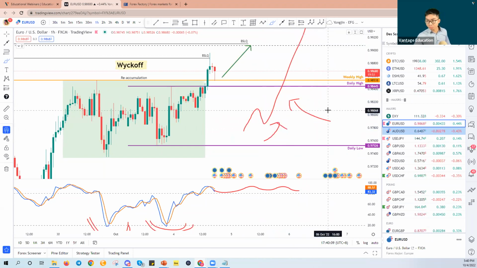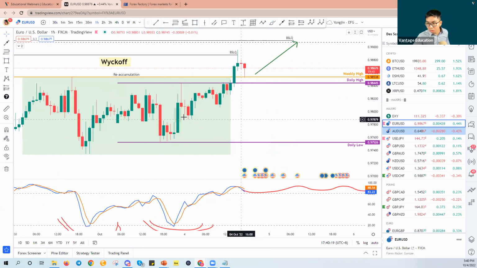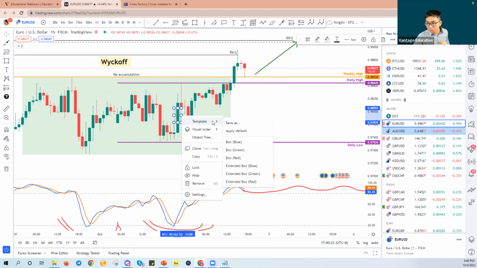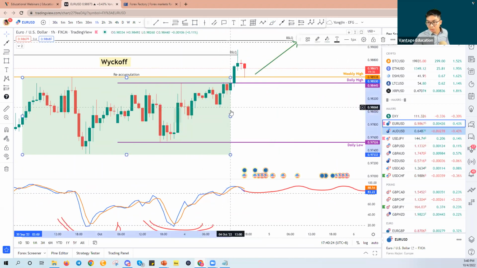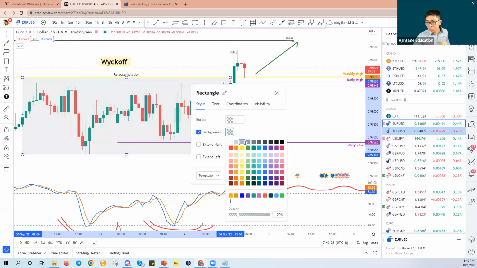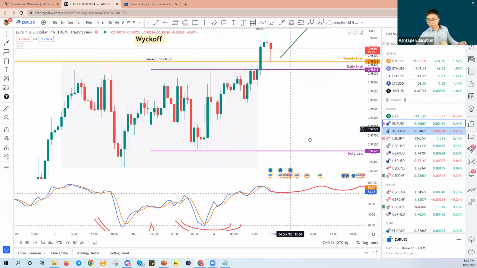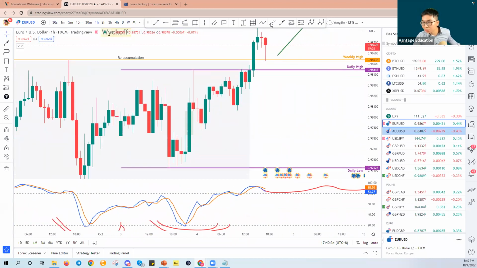Okay, let's see. What do I mean by clean market movement? Look at this. There's a nice imbalance. Let me change this chart template. The color is a bit glaring. Let me set the background as light gray. So previously you can see this area.